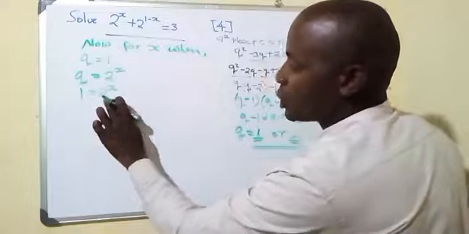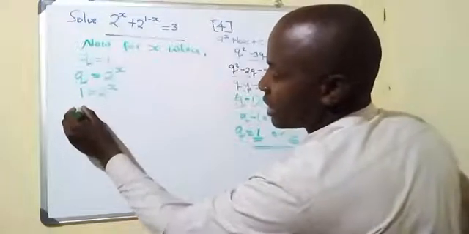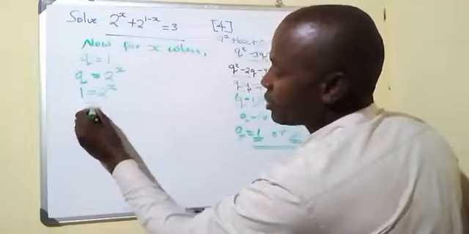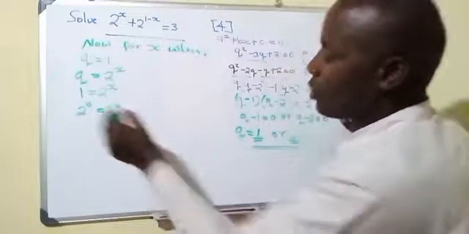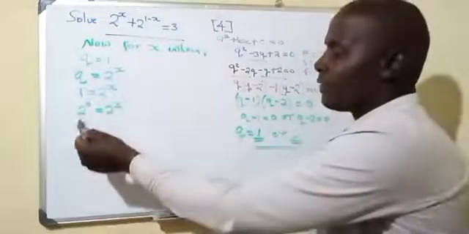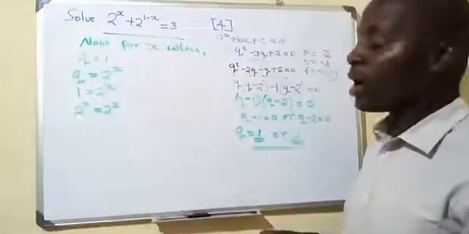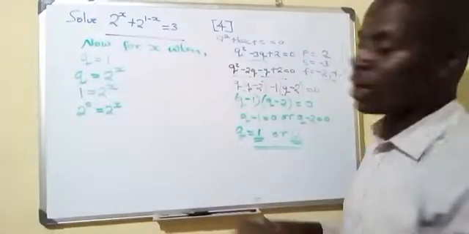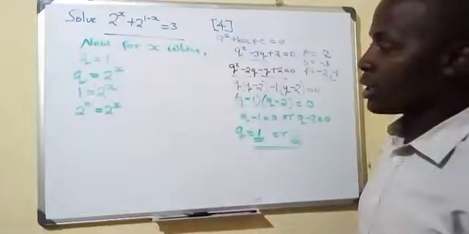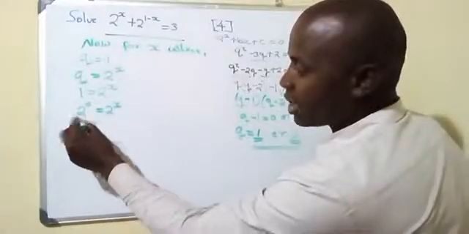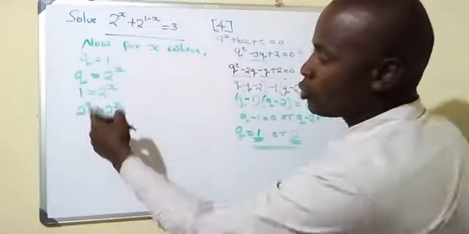So now I want to find the value of x. Since the base there is 1, and here the base is 2, this is the same as saying 2 to the power 0 is equal to 2 to the power x. Why? Because if I find the answer for 2 to the power 0, the answer will still give me the same, which is 1.